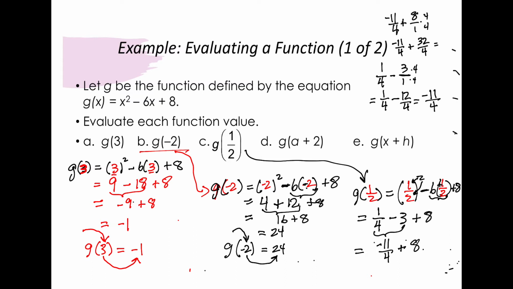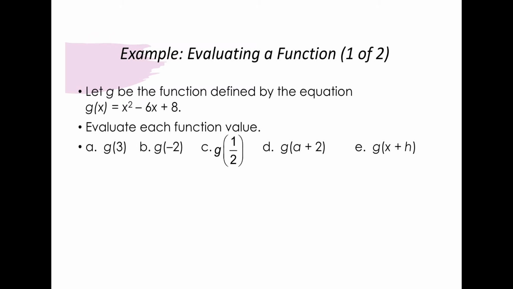So that's positive 21 over 4. So the result is 21 fourths. You could also express that as a mixed number. 4 goes into 21 5 times with 1 left over out of 4. So the g of 1/2 is 5 1/4.